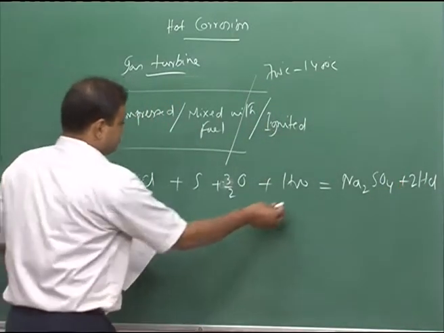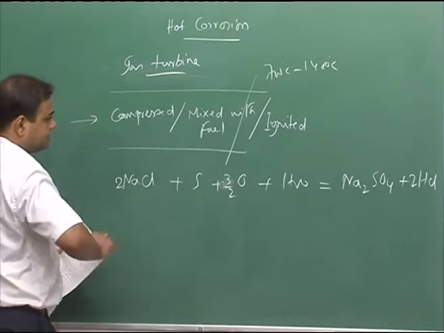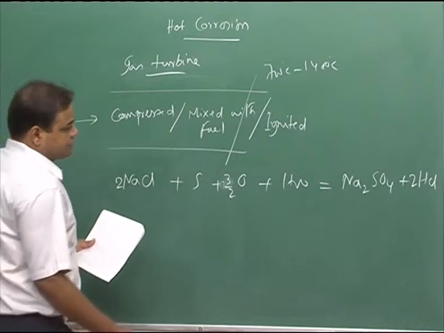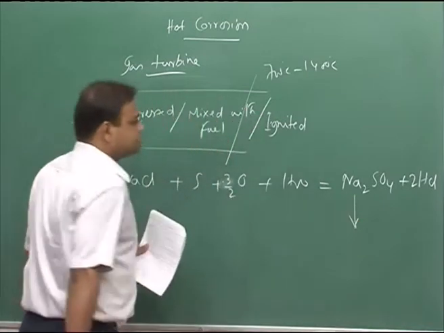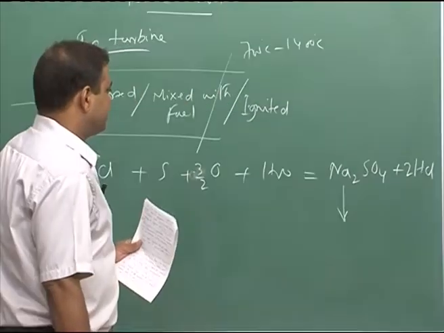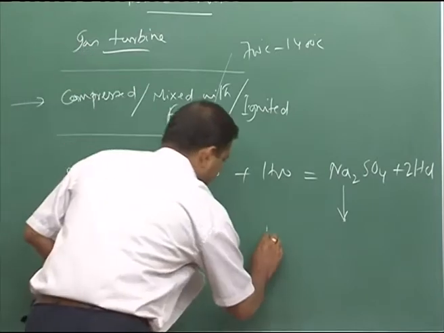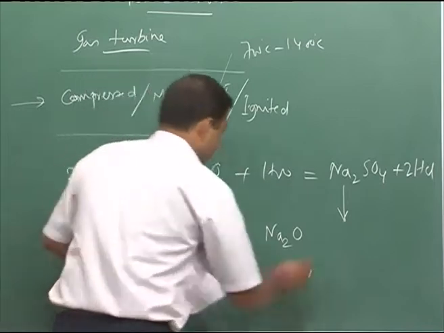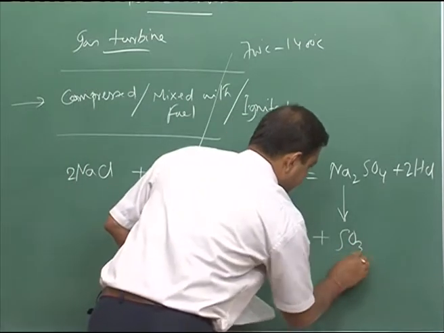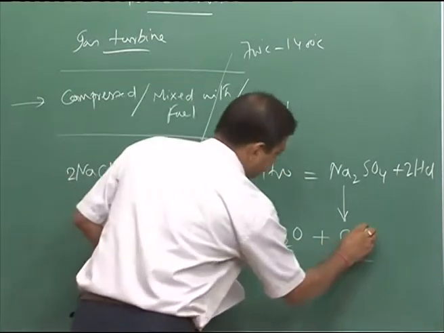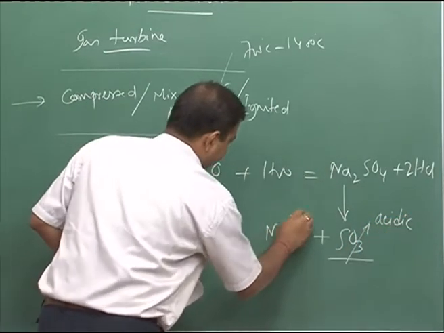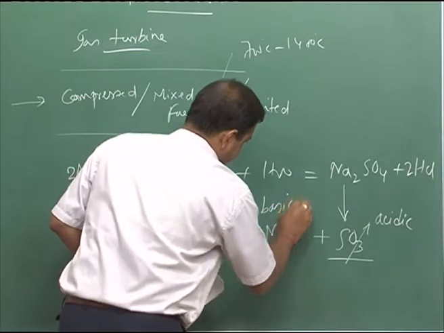This is the reaction that can happen inside the turbine, and it has two components. One is acidic and another one is basic: Na2O and SO3. So SO3 is acidic and Na2O is basic.